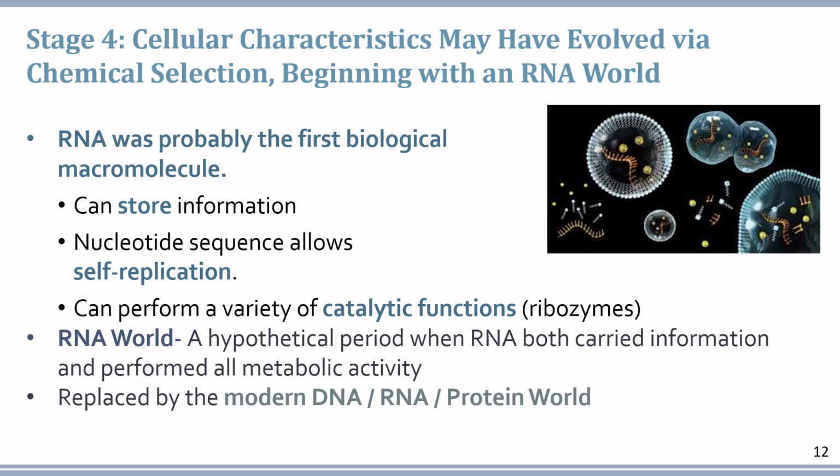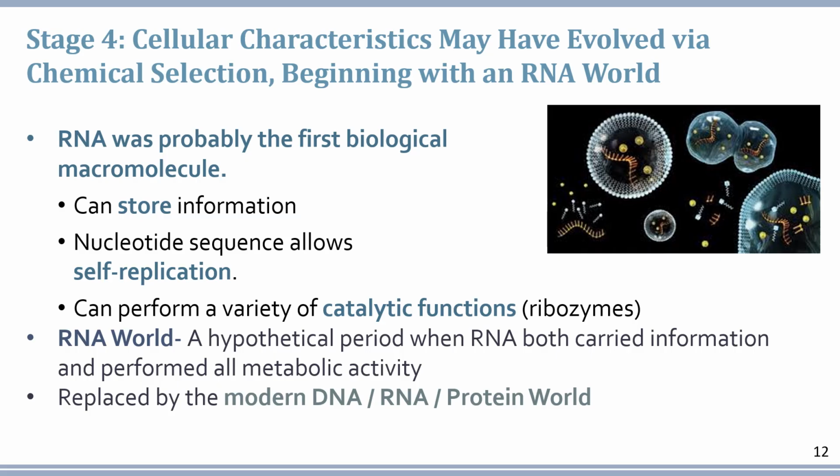And when there was a molecule that worked particularly well inside a protobiont, that molecule, which now has the ability to self-replicate, could proliferate on its own. So this idea of chemical selection says that there are some molecules that do a really great job at being the precursors to living cell molecules.